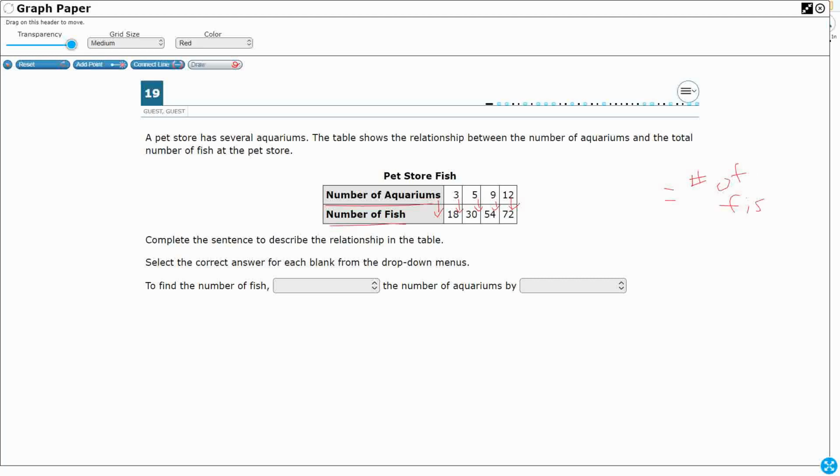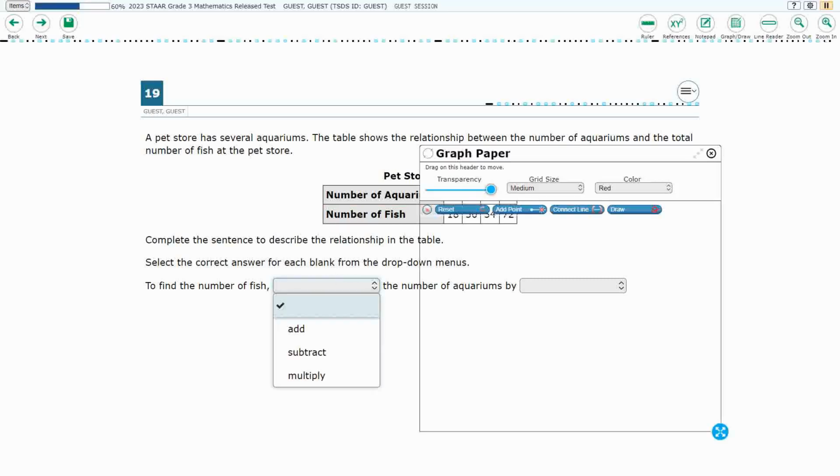So that's what that says first: equals the number of fish. You blank the number of aquariums. Okay, so the number of aquariums. So what do we do? We blank, we add, subtract, or multiply.